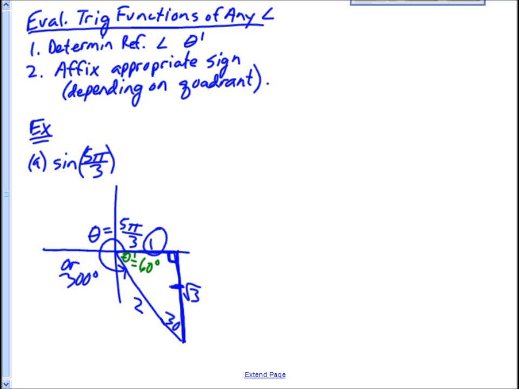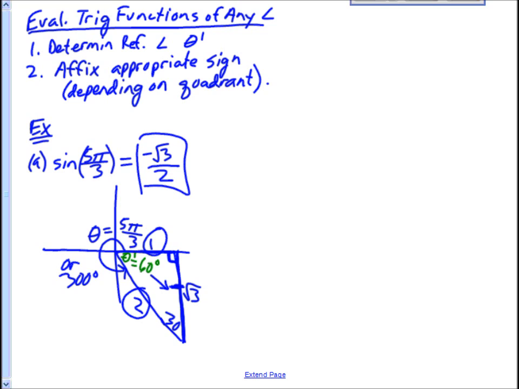And then leave the hypotenuse positive always, okay? Because what happens here is you know that the sine is opposite over hypotenuse, correct? Or negative opposite that 60 degree, negative root 3 over 2, opposite over our hypotenuse over 2, okay?